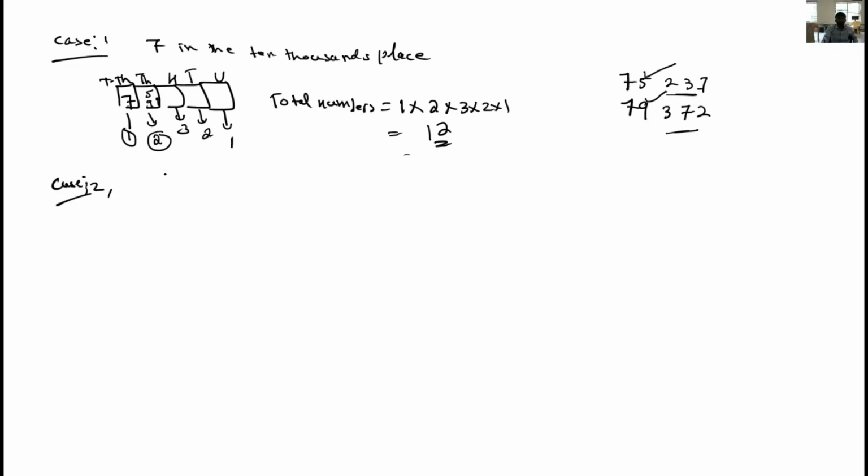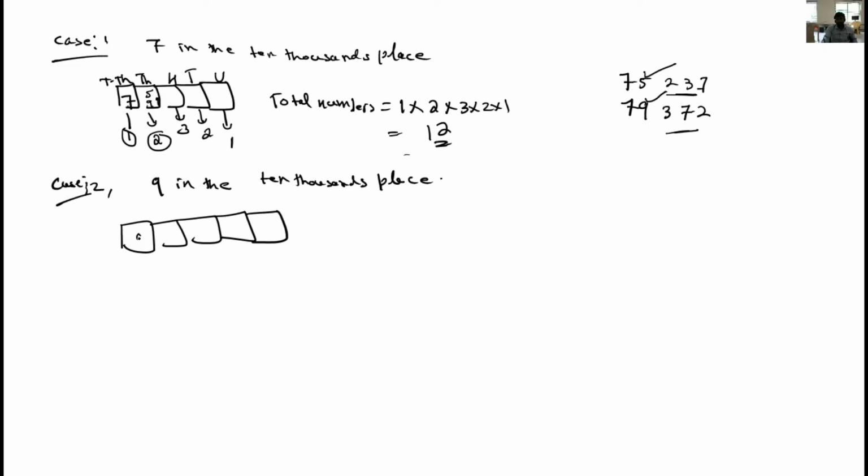Case 2, 9 in the 10,000s place. Again consider 5 vacant places, 1, 2, 3, 4, 5. Here see, 9 is fixed, here only one possibility.